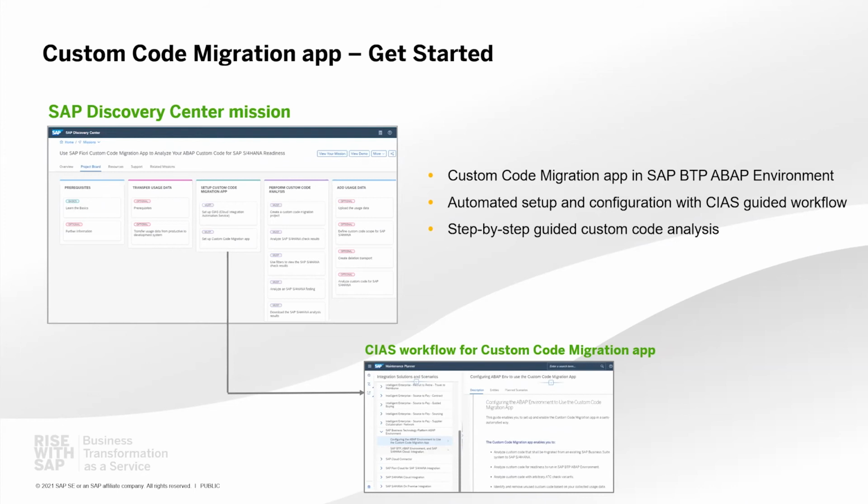And you can execute the guided step-by-step custom code analysis using the Discovery Center mission. And if you have questions or feedback for us, you can just get support there from the SAP experts for using the custom code migration app.